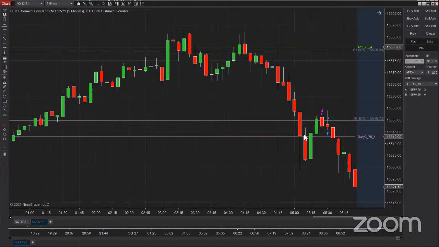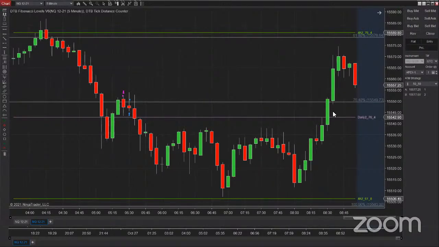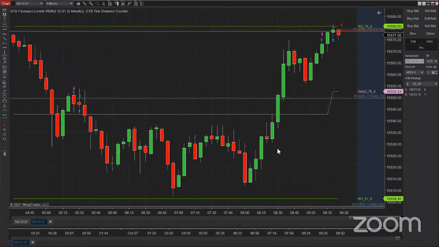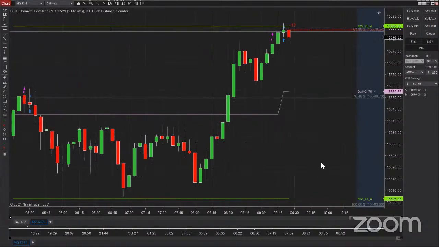Closed above, but the next candle closed below. So very often you're going to see it is effective. And when it comes near something like this 4 hour 61.8 stops, that very often can also be a little turnaround in what the price is doing.